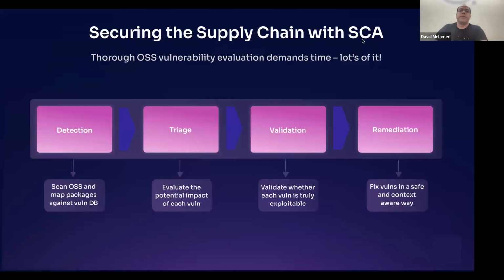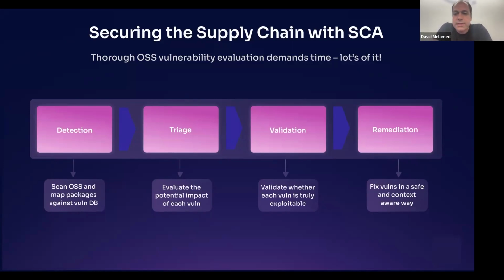So let's see what is the traditional way of dealing with supply chain attacks with SCA. Everyone knows SCA, software composition analysis. There are a lot of scanners out there that help you detect those issues. Usually the different steps are the following. You start by detection, then you do triage, then validation, and then remediation.